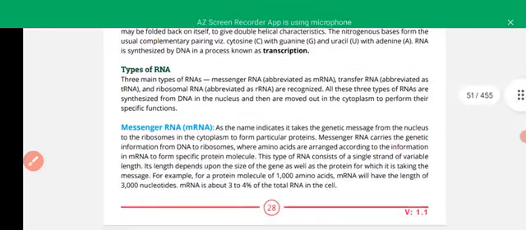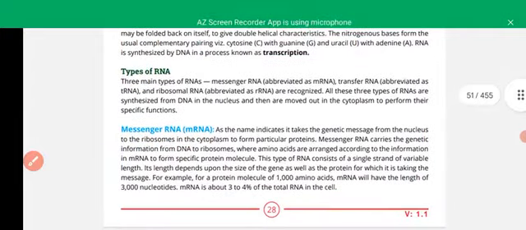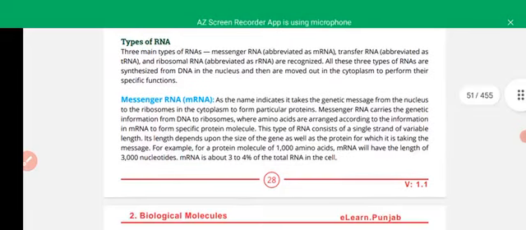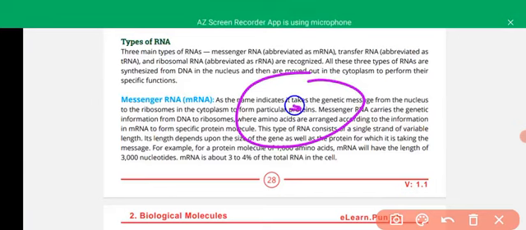Then we will discuss the types of RNA: messenger RNA, ribosomal RNA, and transfer RNA. Messenger RNA is a messenger. It takes the genetic message from the nucleus to the ribosomes, from where the particular type of protein is formed. Their length depends upon the particular type of amino acids.